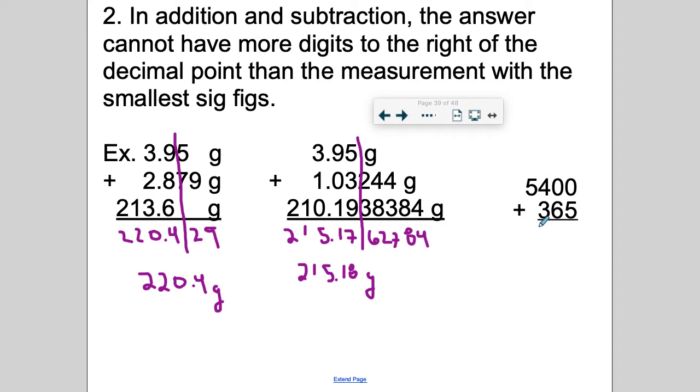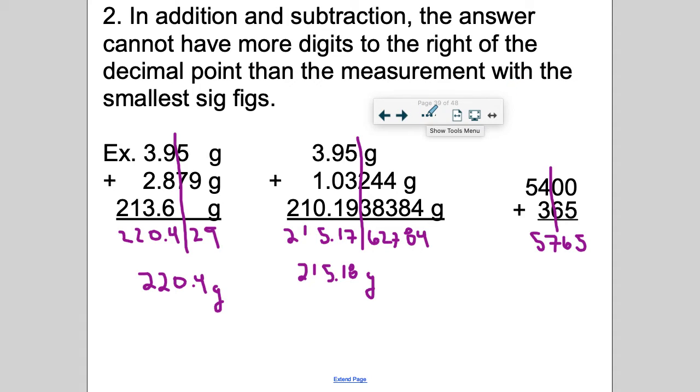All right, so I'm going to do the math first. 5,400 plus 365. 5765. So I thought it was an 800? Oh, no, wait.